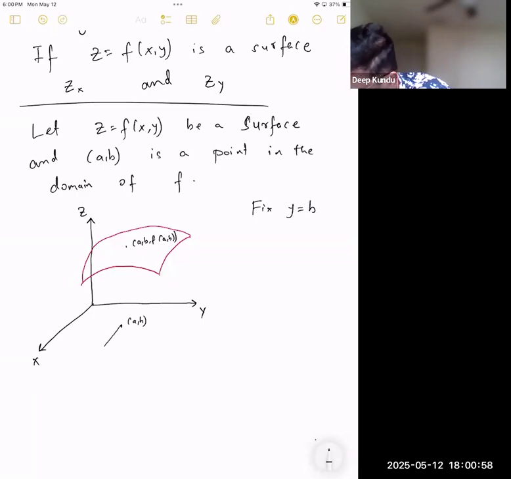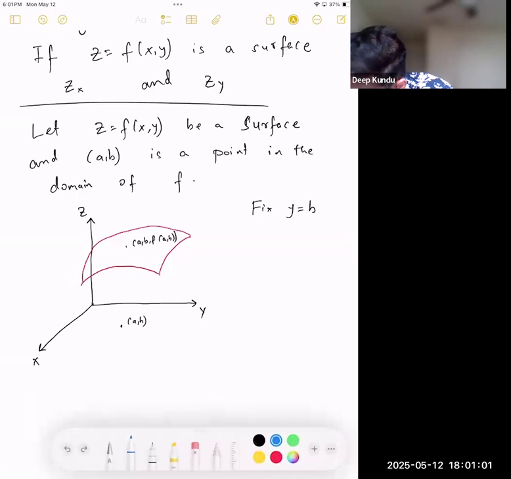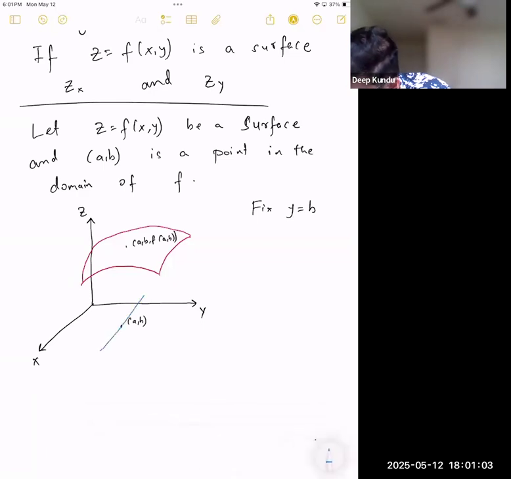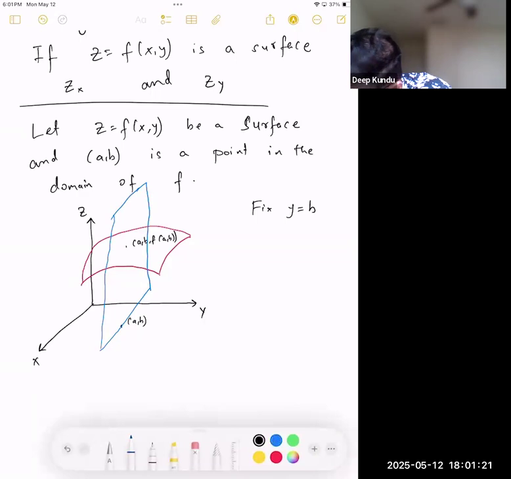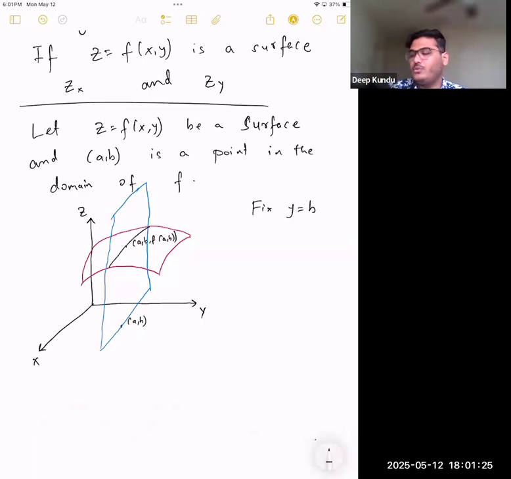Let's use a different color. So this is the plane y equals b. Now it intersects our surface z equals f of xy in a curve, right? So this is the curve where this plane intersects the surface.